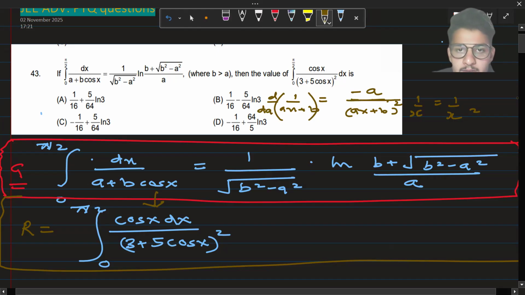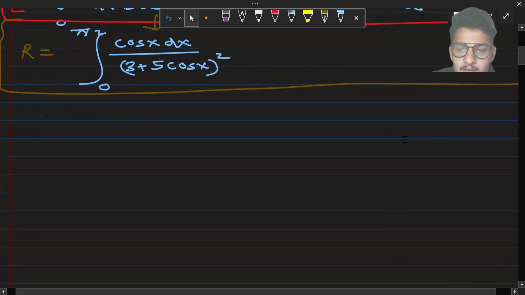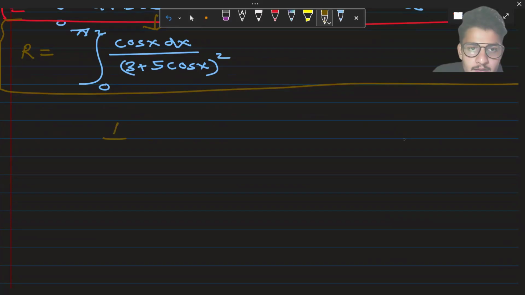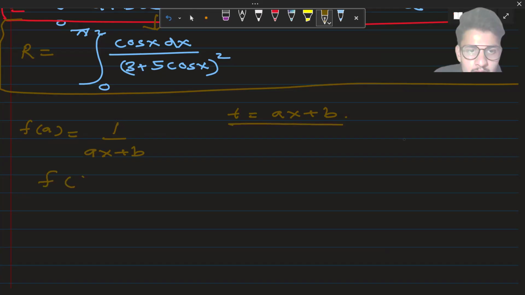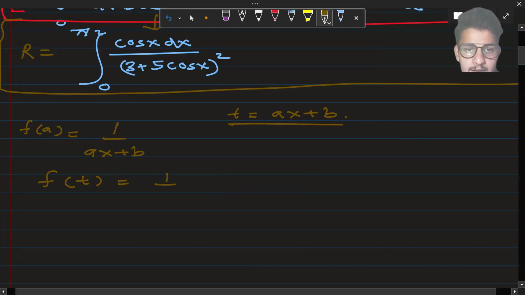I will refresh you how we have done that. It is a function like 1 by ax plus b, and we have treated ax plus b as t. Okay, this is our function f of a, and t is ax plus b. So f of t becomes 1 by t.